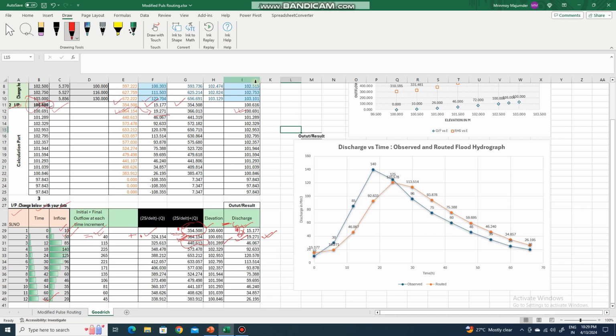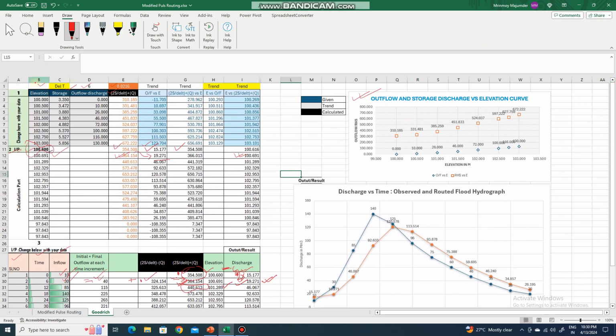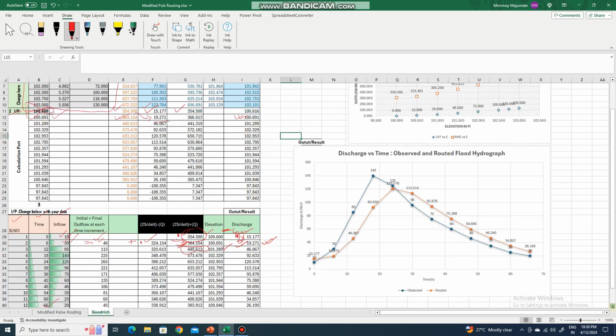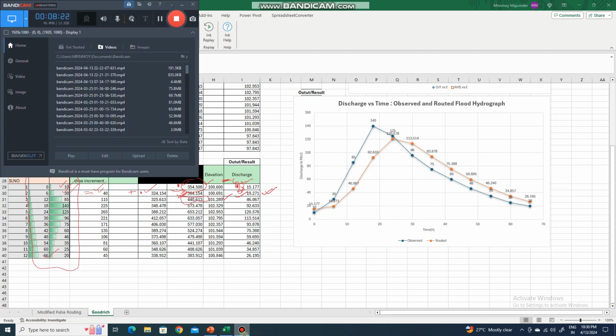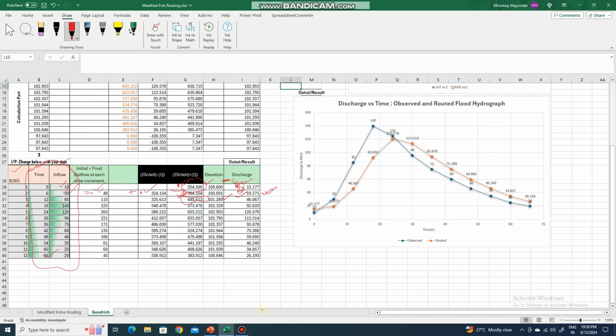So this is the entire process of the Goodrich method, and I have developed this Excel sheet where just by putting the given elevation data here, and the given elevation, storage, outflow, discharge data in this part, and also the flood hydrograph data here in this part, it will automatically give me the predicted hydrograph at the outflow, which I can draw from this data.